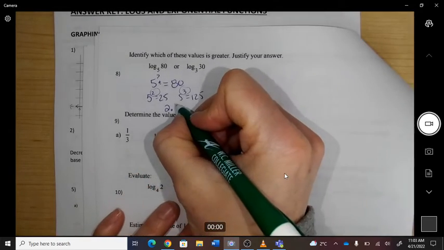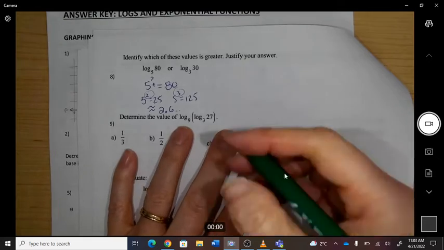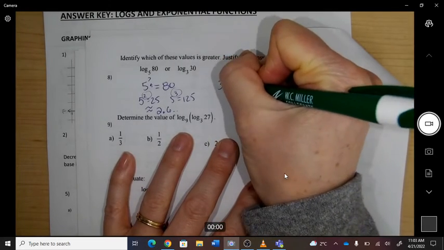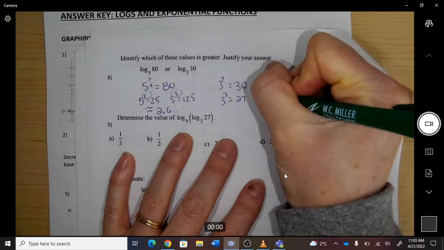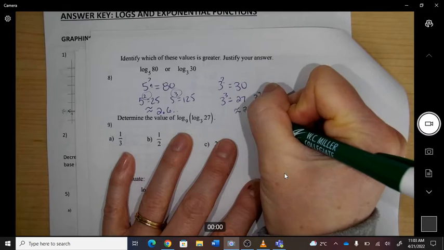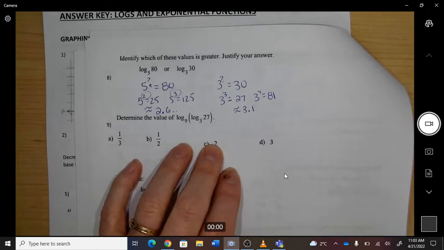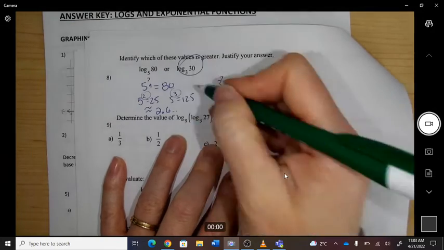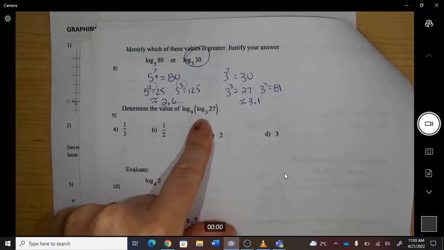We'll go with 2.6 as a guess. Seems reasonable. And then 3 to the what equals 30. 3 cubed is 27. 3 to the 4th is 81. So I'm going to guess 3.1 because I have to be bigger than an exponent 3. So this is bigger.